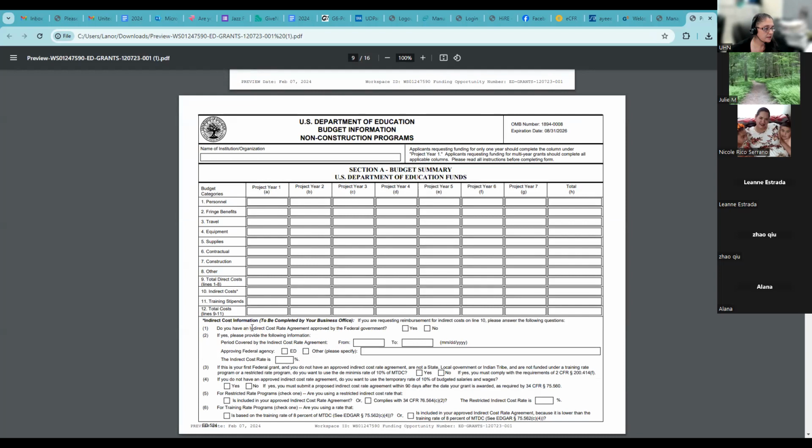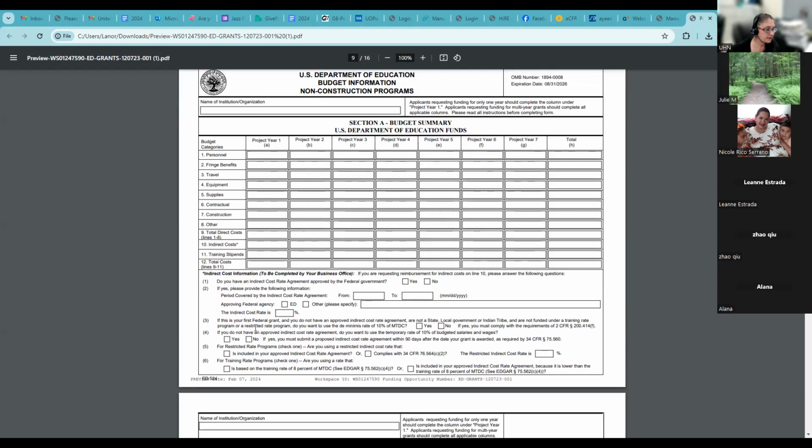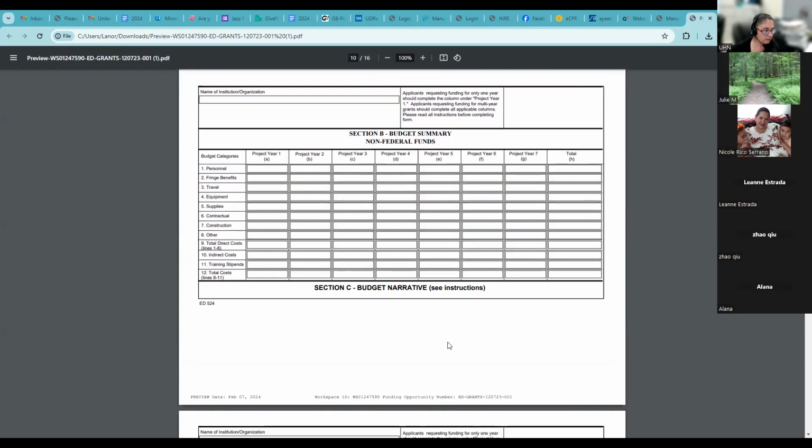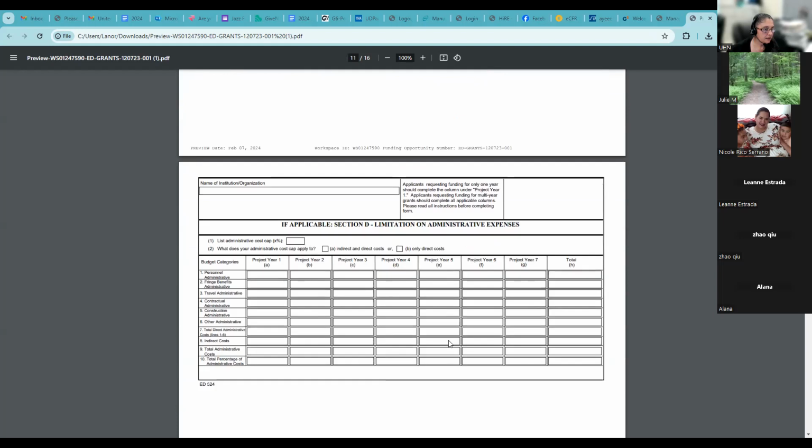You do need to include what indirect cost rate you have, answering these questions. And then section B is your non-federal, where and how that's applied.